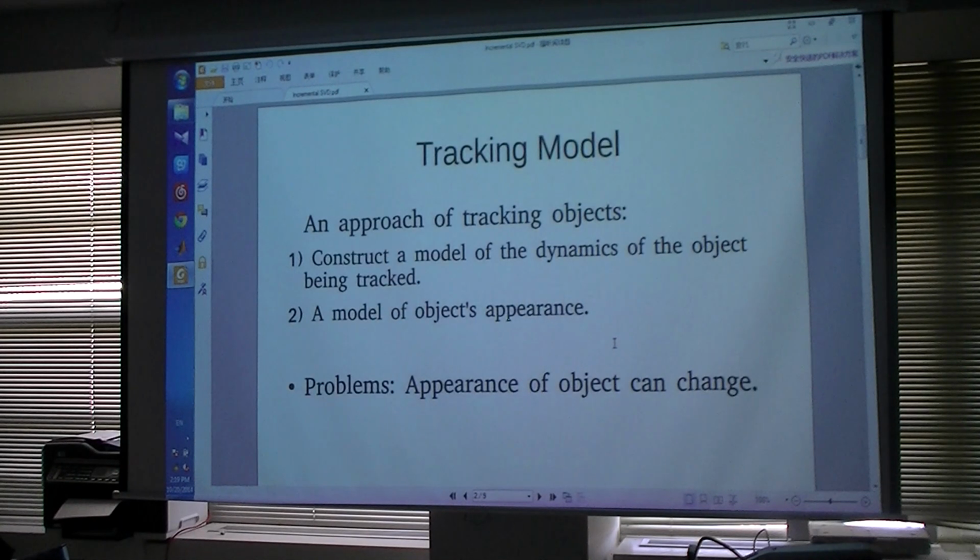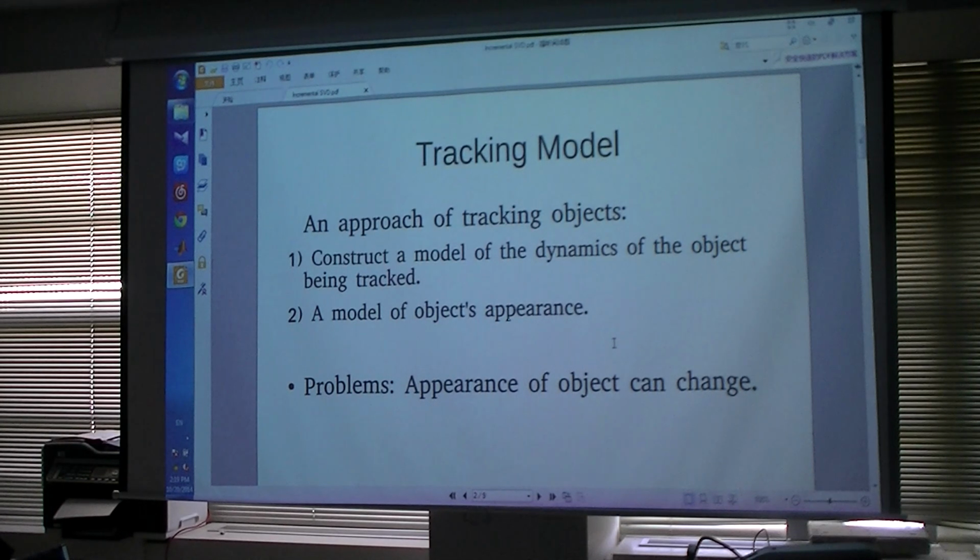Before talking about incremental SVD, which is one of the major proposals in this paper, we want a brief introduction to a general tracking method. For a general approach to tracking an object, we are mainly concerned about two parts.